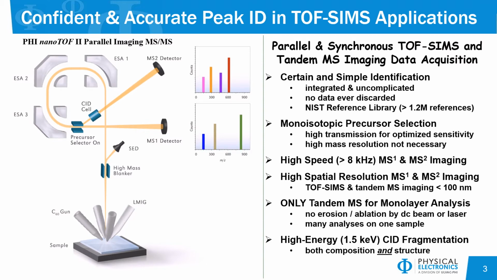So what this allows us to do is to get very accurate identification of ion peaks in the TOF-SIMS spectrum without in any way inhibiting or degrading the normal performance attributes or functional attributes of TOF-SIMS. In particular, what we'll demonstrate, as I mentioned earlier in this talk, is the utility of the parallel imaging MSMS for monolayer applications.